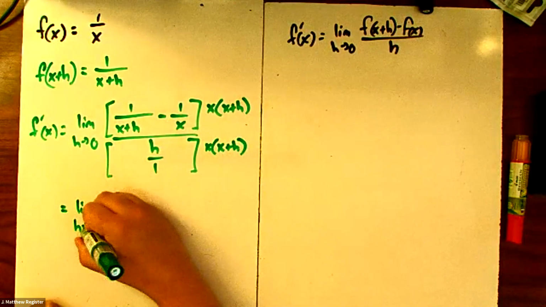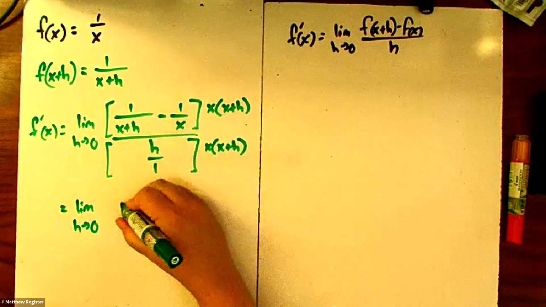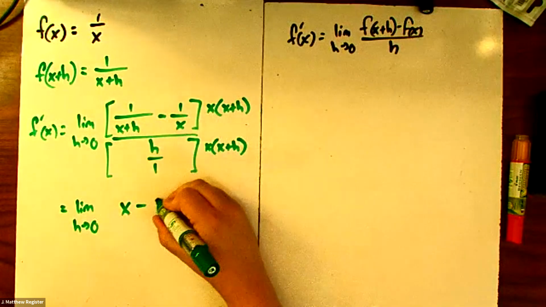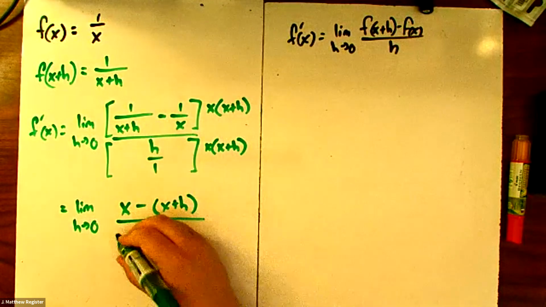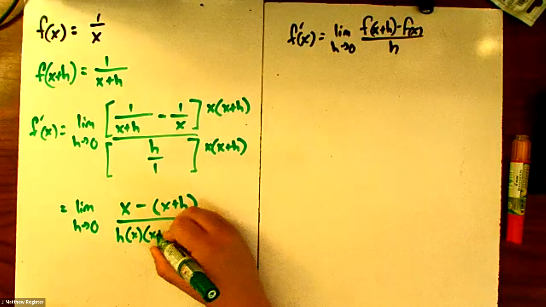So we get limit as h goes to 0. For the first term, the x plus h's cancel, leaving an x. For the second term, the x's cancel, leaving an x plus h over h times x plus h.